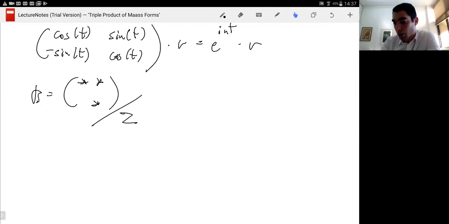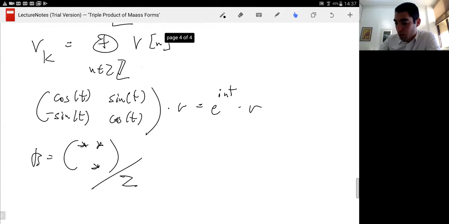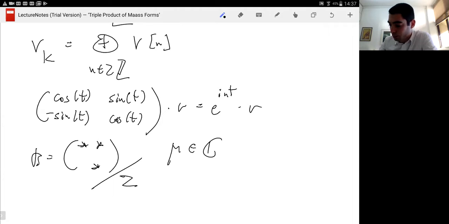And once you compute all the various compatibilities, this G structure on this particular isomorphism type really boils down to a complex parameter mu. And this gives rise to the following definition.